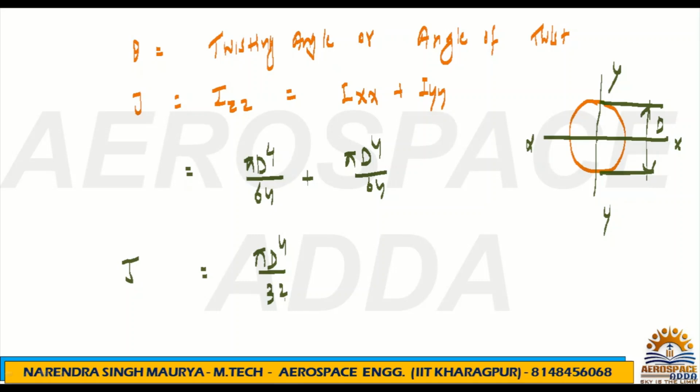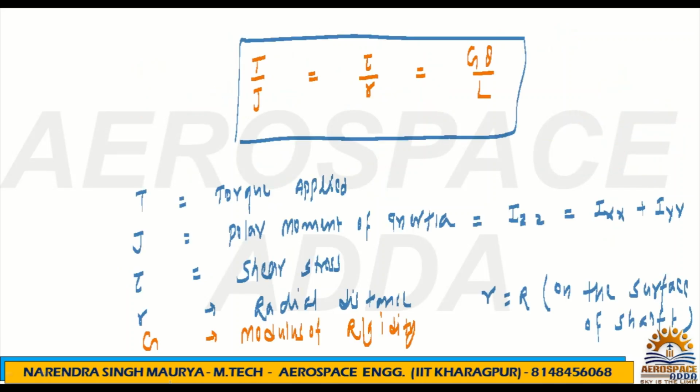The maximum shear stress is between the outermost thin layer and the layer below it. The meaning is very clear. How will you reach this analysis? Very simple. If I show you the tau value, previously you can see tau by r is nothing but G theta by L, or tau by r is nothing but T by J.